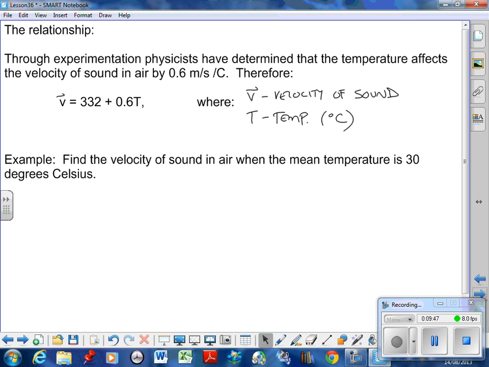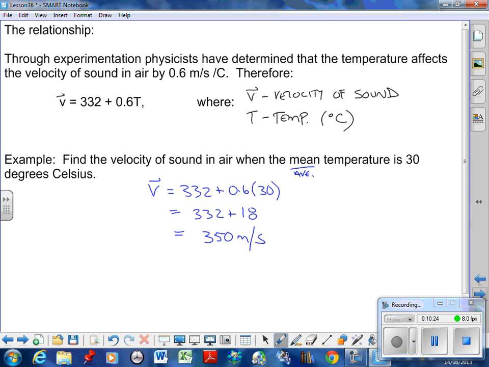So the example here then: find the velocity of sound in air when the mean temperature, so just a fancy word for average, is 30 degrees Celsius. So you're just using the formula here. There's going to be a lot of times where you have to do this calculation first before you can answer the actual problem. So as we go through, plug it into the calculator, you get 332 plus 18. So at 30 degrees Celsius, we find that the speed of sound is 350 meters per second.